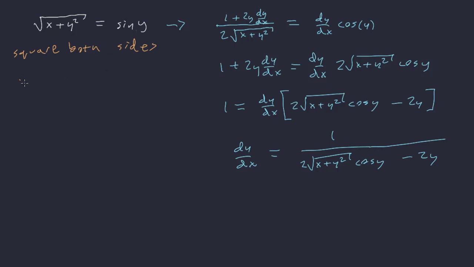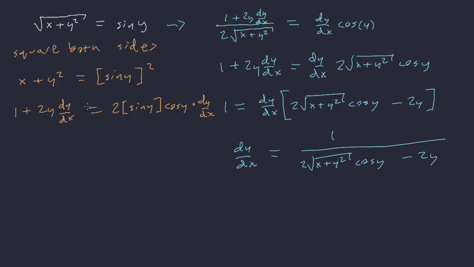But if we square both sides, we will get x plus y squared is equal to sine y squared. Okay, and if we then start differentiating, we'll get 1 plus 2y dy dx. And on this side, it's a chain rule within a chain rule. Right? It's going to be 2 times sine y raised to the 1, then times the derivative of sine y, which will be cosine y, then times dy dx.